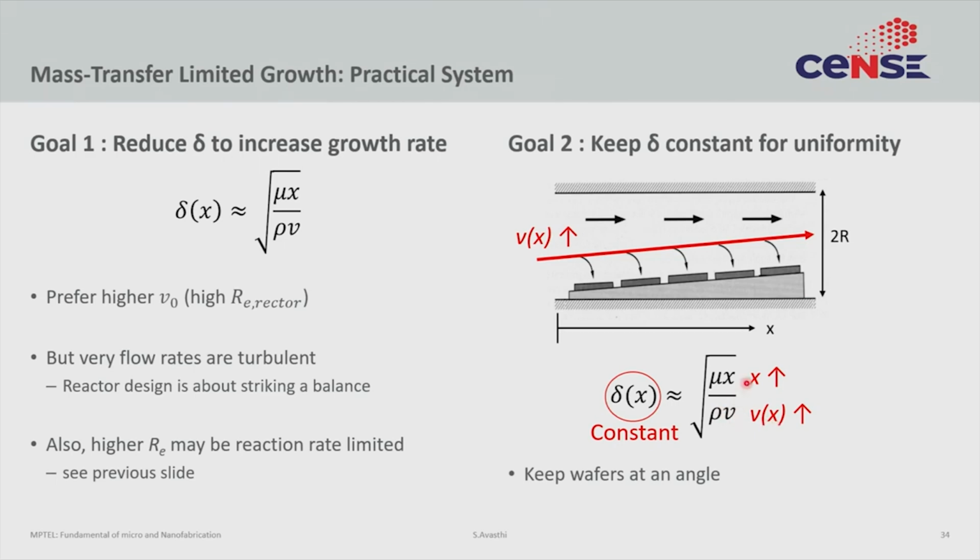You can come up with an angle or a shape where the increase in the velocity exactly compensates for the increase in distance, overall keeping delta x constant. So keeping wafers at an angle is the easiest way to get a relatively uniform boundary layer and hence relatively uniform deposition.